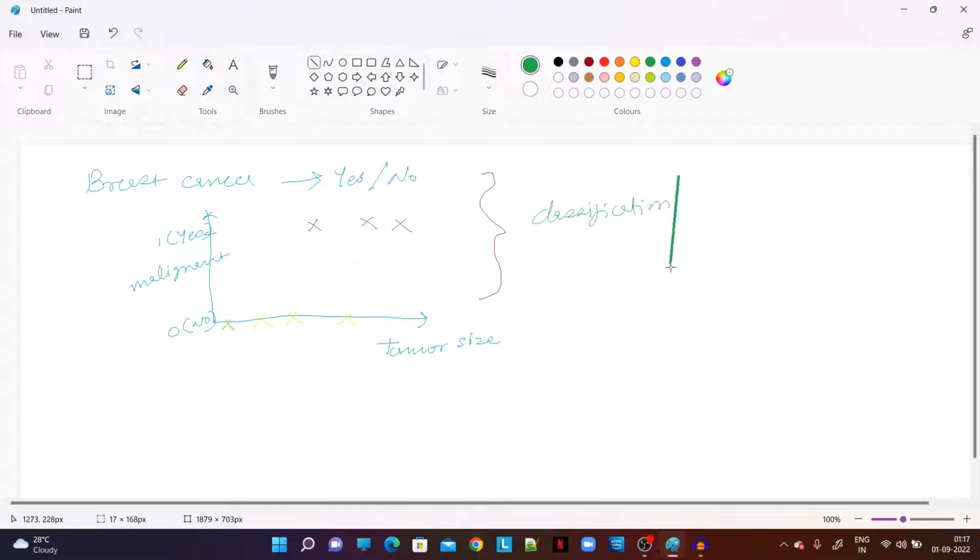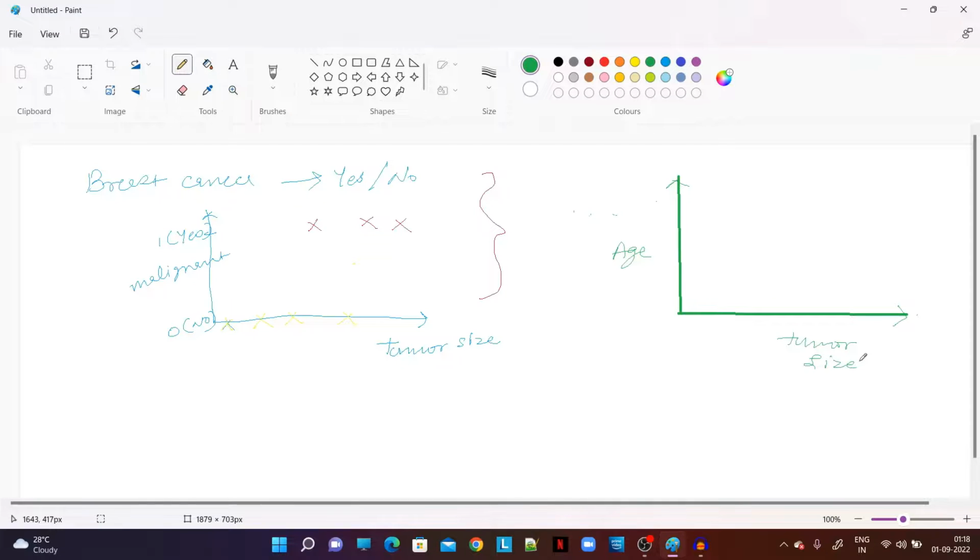Let's remove this from here, and this particular axis is age, and this particular axis is basically the tumor size. And we see that this is the relationship.